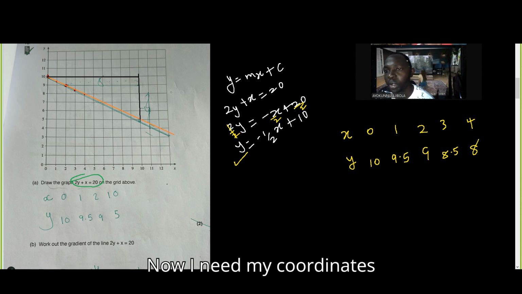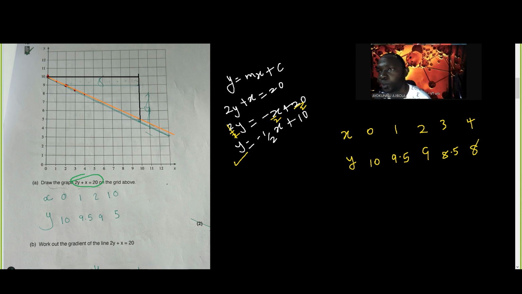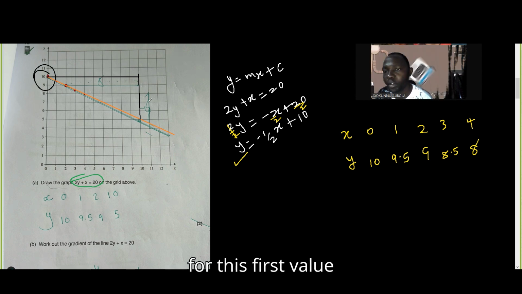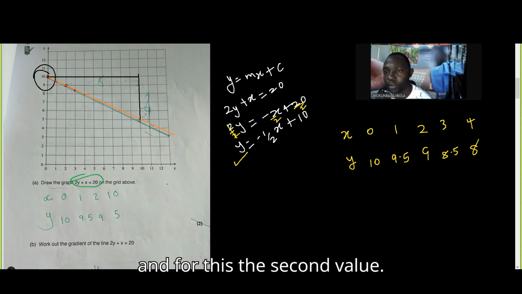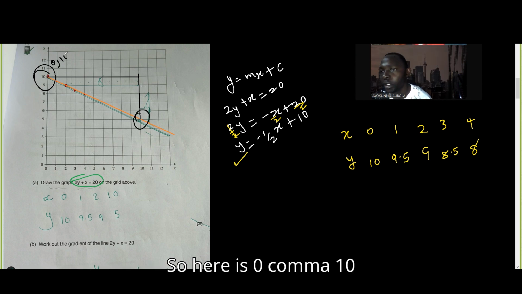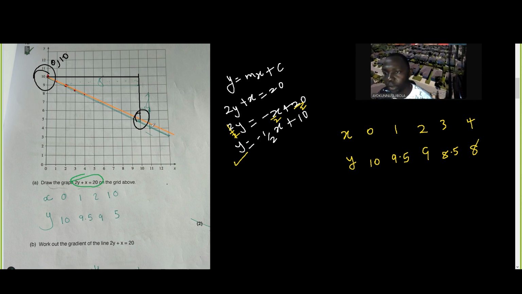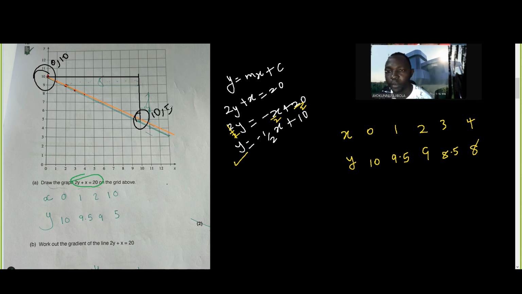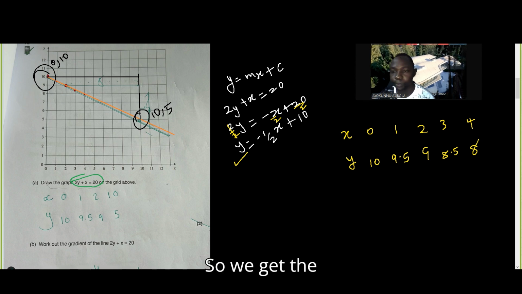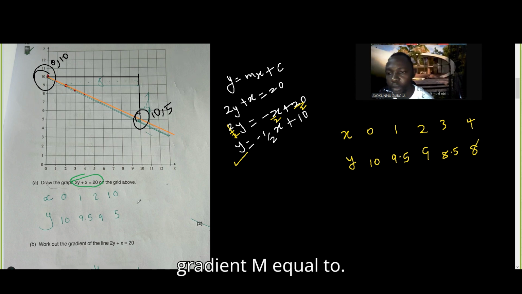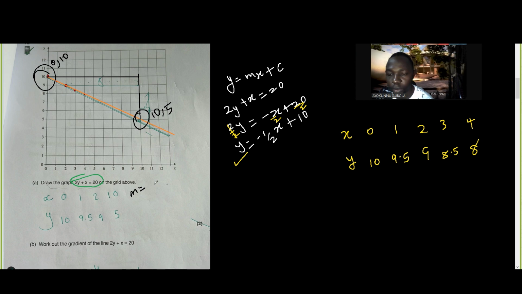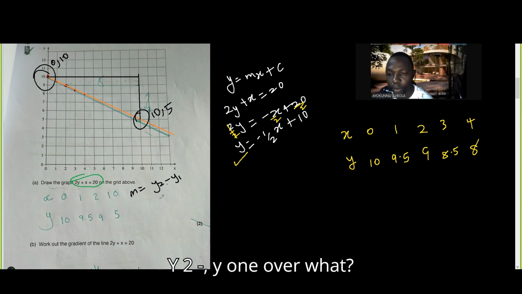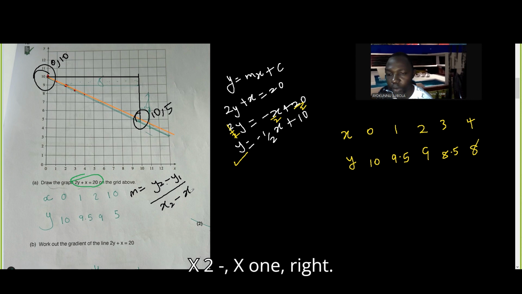Yeah, so now I need my coordinates for this first value and for this second value. So here is 0 comma 10, while here is what? 10 comma 5. So we get the gradient m equal to y2 minus y1 over x2 minus x1, right?